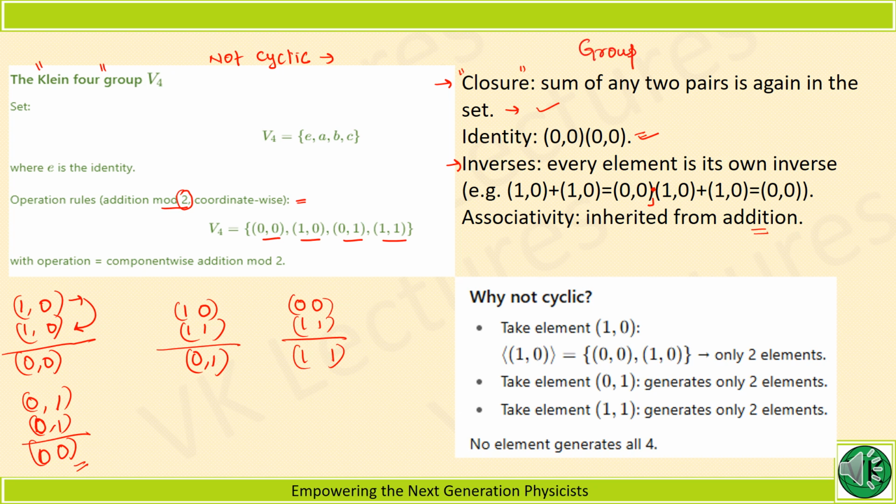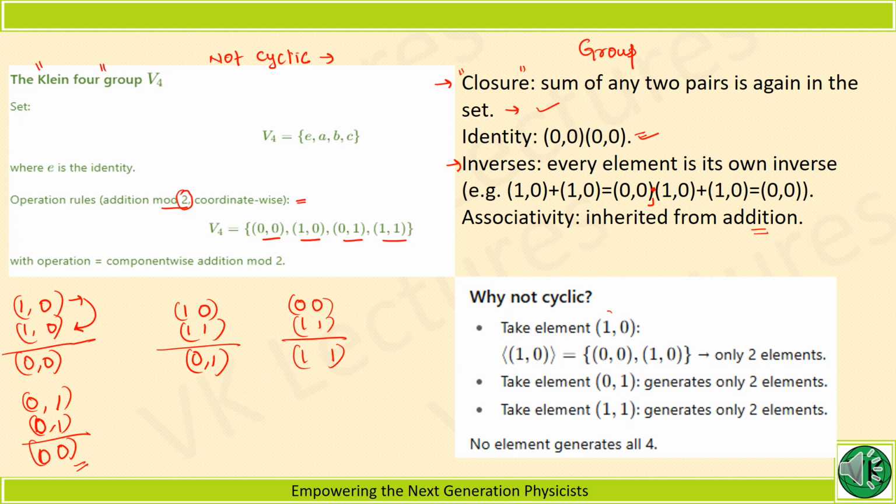For any group, the elements should follow some properties. So it has the closure property, identity, inverse, and associativity. Now, why is it not cyclic? You take any element, the entire set of elements of the group cannot be generated.